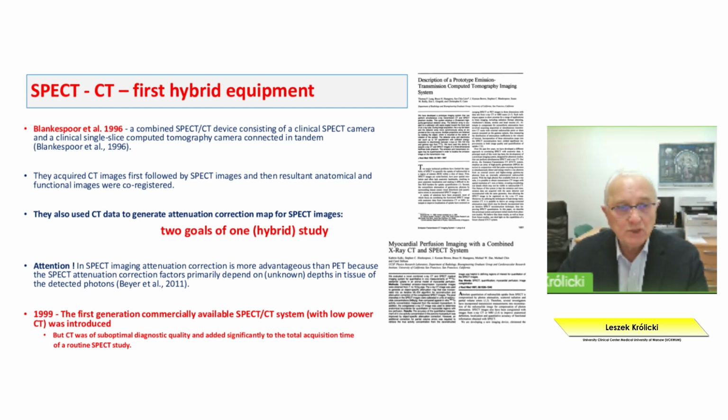In 1999, there was the first generation of commercial SPECT CT devices. So their characteristic was that unfortunately the CT device was not perfect. It was a 2 or 3 row device, and the quality of the imaging was not sufficient.